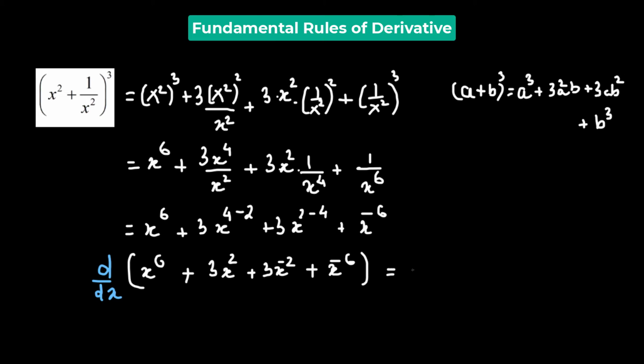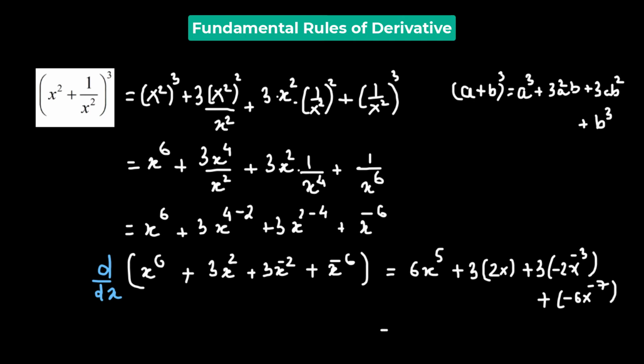That is going to give us d over dx of x raised to the power of 6 is 6x raised to the power of 5, plus 3 times the derivative of x squared, which will be twice of x, plus 3 times the derivative of x raised to the power of negative 2, which will be negative 2 times x raised to the power of negative 3, plus negative 6 times x raised to the power of negative 6 minus 1, which is negative 7.